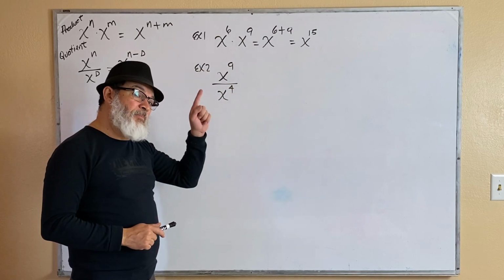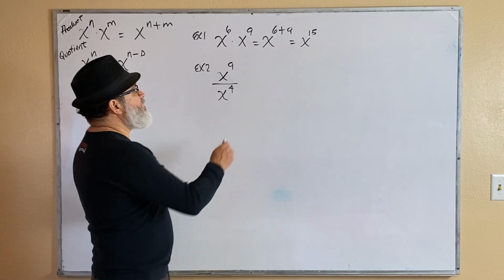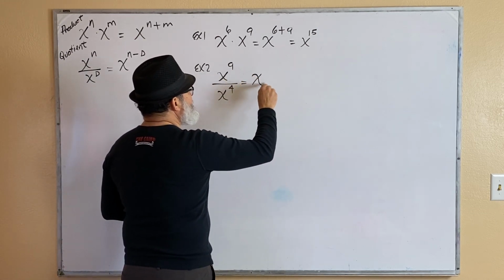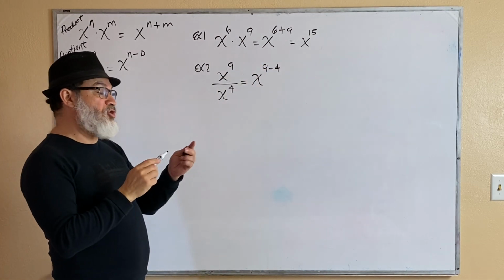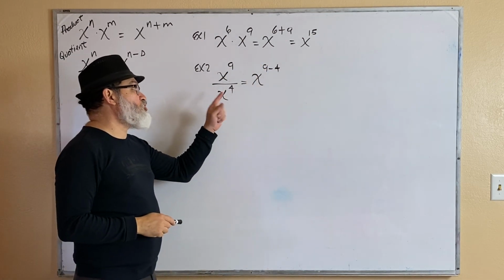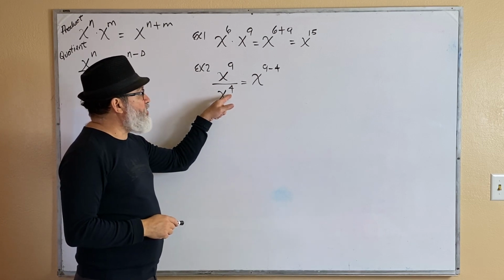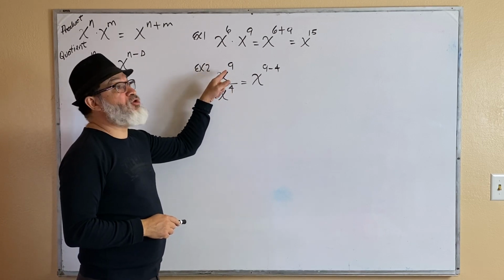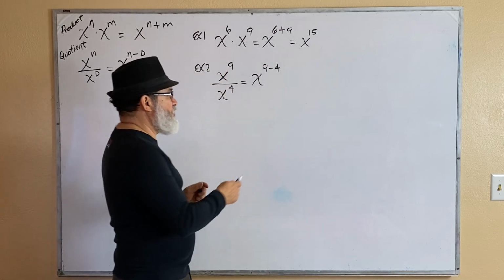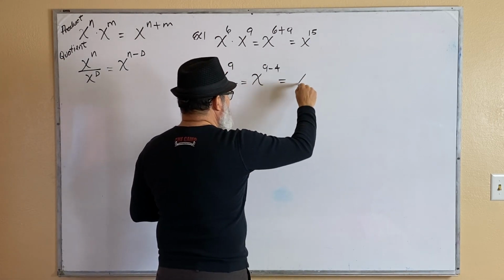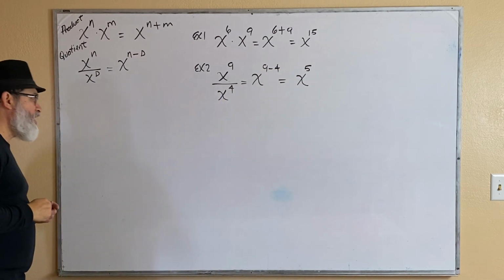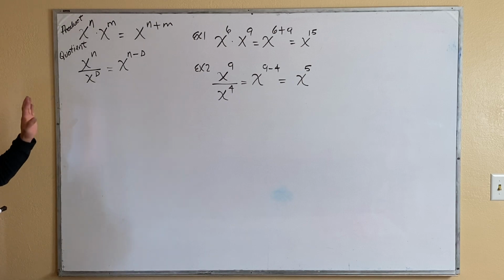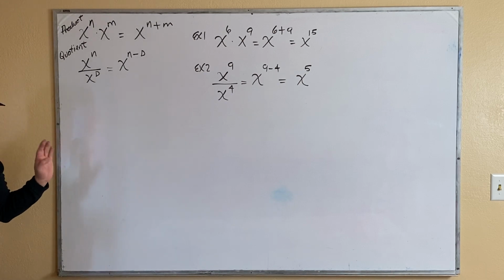The answer goes up in the numerator. So this becomes x to the 9th minus 4. Note, the answer goes up in the numerator when you subtract the denominator exponent from the numerator exponent. So therefore this becomes x to the 5th.